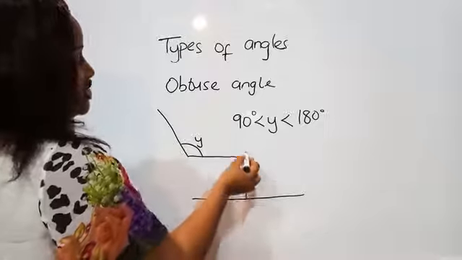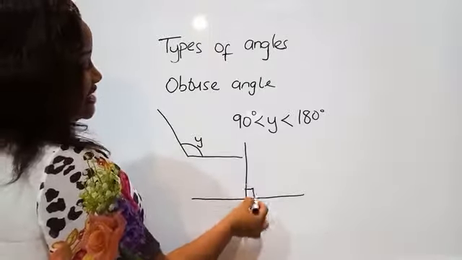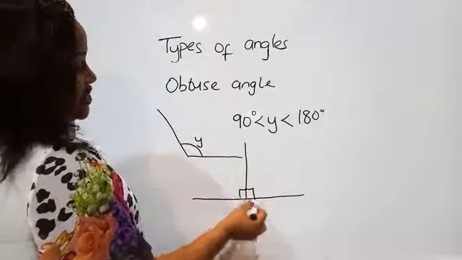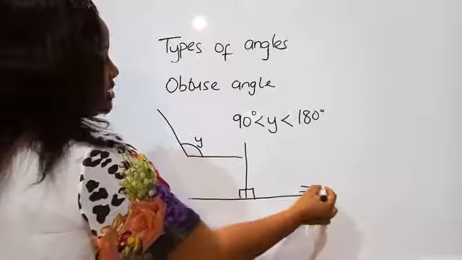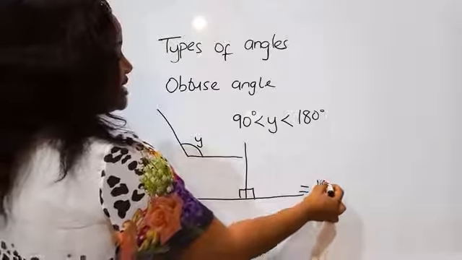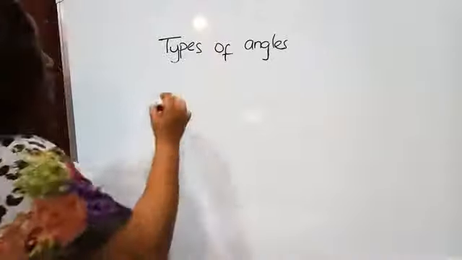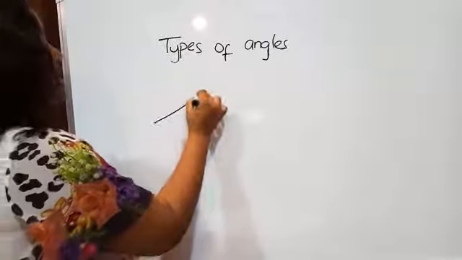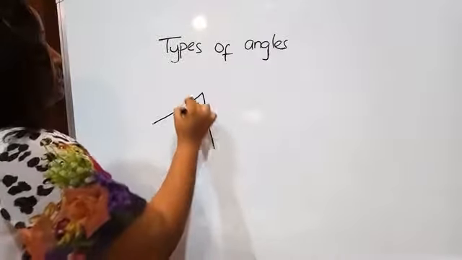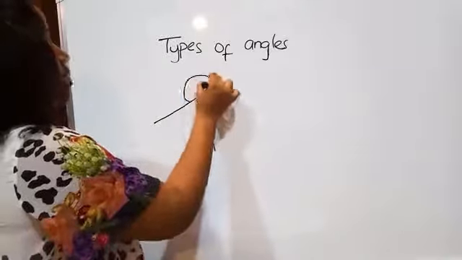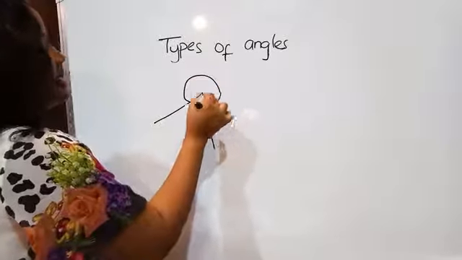Then you have angle on a straight line. An angle on a straight line, which is two right angles, and it equals 180 degrees. So we have reflex angle. A reflex angle is any angle that is between 180 and 360 degrees.